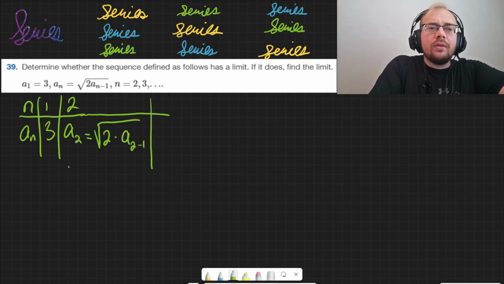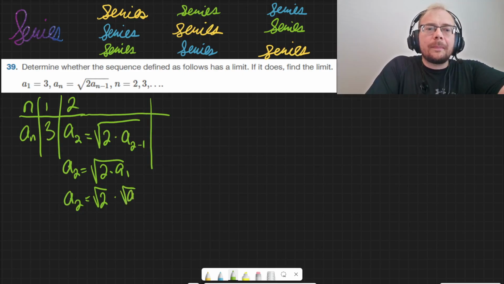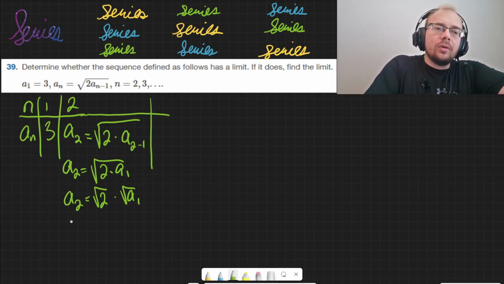Right? So then a sub 2 is equal to the square root of 2 times a sub 1, which we can actually split out: the square root of 2 times the square root of a sub 1. Ooh. Okay.